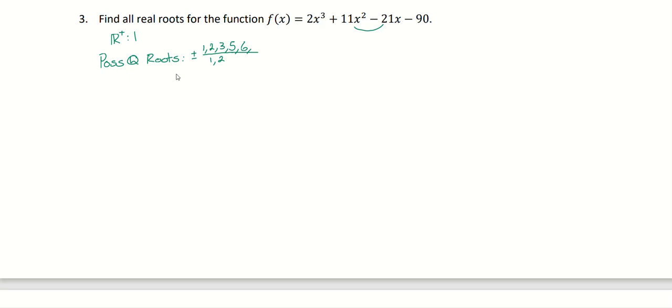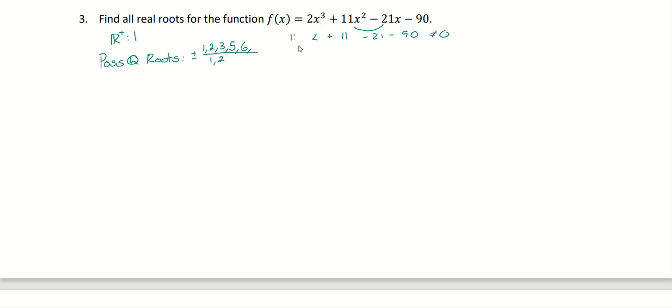Now, I don't expect you guys to do 10 different synthetic divisions when we have the technological capability to help this out. So using your calculator or just with mental math, I check 1 first. If I plug in a 1, this turns into 2 plus 11 minus 21 minus 90, which is not equal to 0, which means 1 is not a 0, sorry.